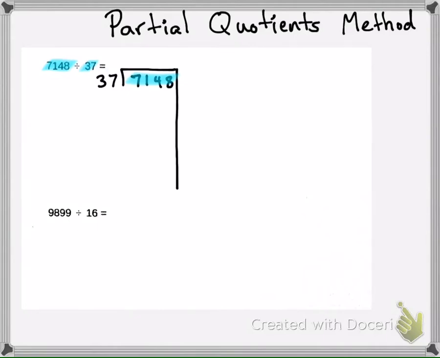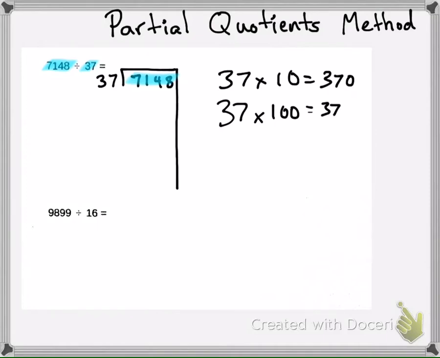And if you remember multiplying any number by 10 or by 100 or by 1,000, all you really do is add a 0 to the end, right? So if you multiply 37 times 10, it's really just 37 with a 0 behind it. It's 370. If you multiply 37 times 100, that's going to give you 37 with 2 zeros from the 100.